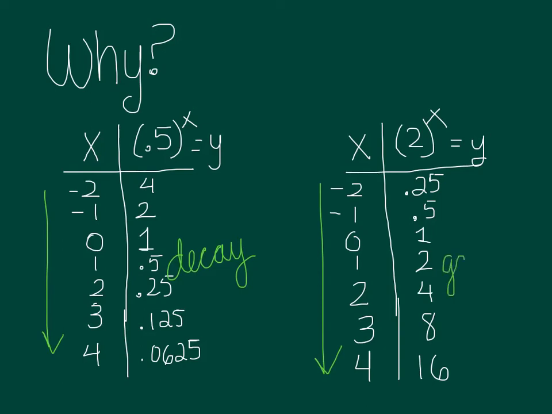So this is going to be growth. If you think about it, if I take a number bigger than 1 and multiply it by itself a lot of times, well, of course, that's going to get bigger. But if I take a number less than 1 and multiply it by itself a lot of times, it's going to get much, much smaller.